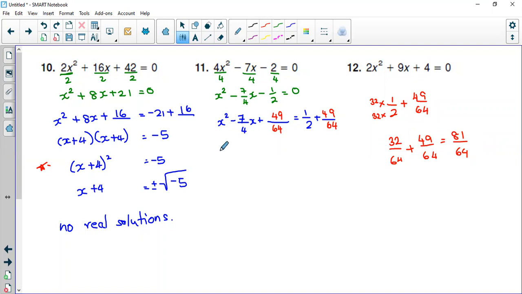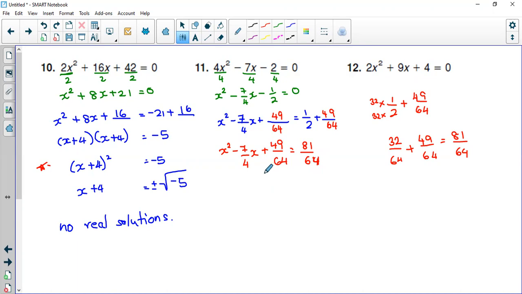So the simplified version of this is going to be x squared minus 7/4 x plus 49/64 equals 81/64. Right. Now the next step is to find the factor of 49/64.